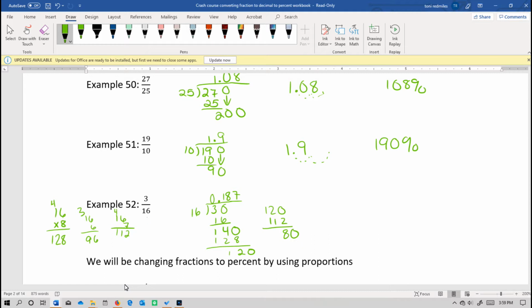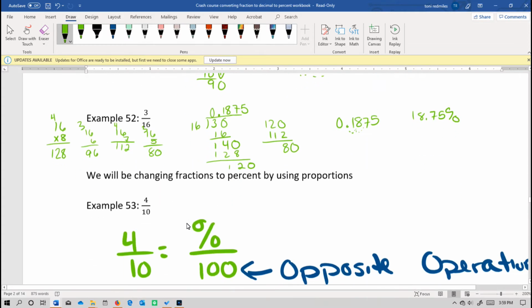All right, and I am going to guess 5 times. I think it's going to go in perfectly, but let's make sure. Yes. All right, so the decimal value for this one is 0.1875. If I move that 2 places, it's going to be 18.75%.